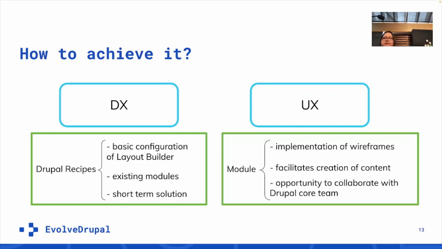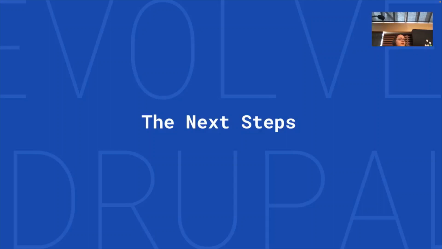Basically, we want to implement some of the wireframes that we have, and that will facilitate the process of creating content and adding components to the pages using this tool. So the idea is to contribute both of the things, and that's part of the next steps that we will have. Something that you will see in the community, hopefully out soon.